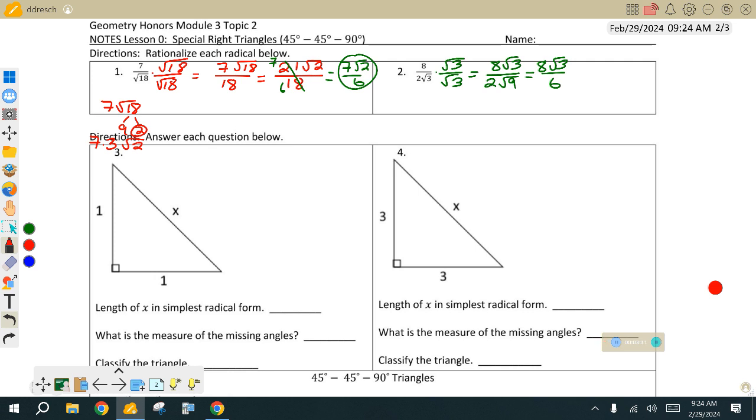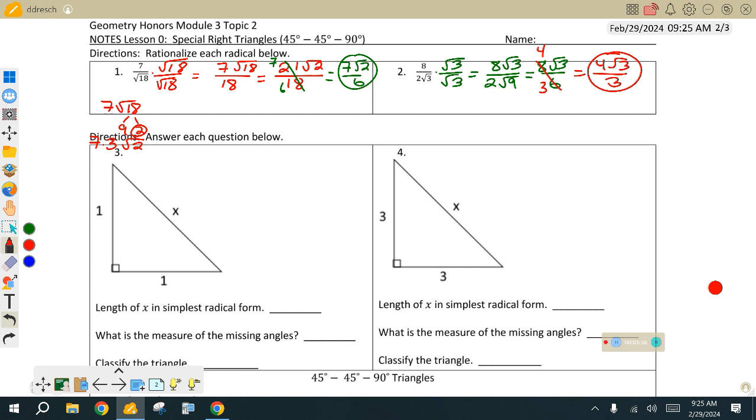Can you do anything with 8 over 6? Yes, divide by 2, which gives you what? 4 and 3, right? At no point on here, today, tomorrow, the first few days here, should I ever get decimals. I'm looking for all fractions, all radicals. Okay? So let's go here.